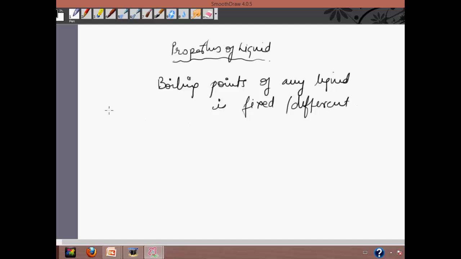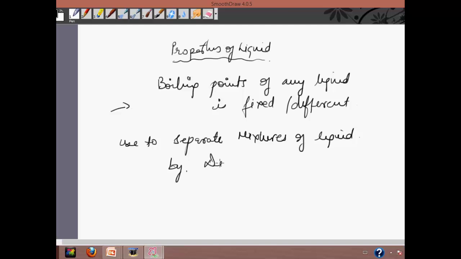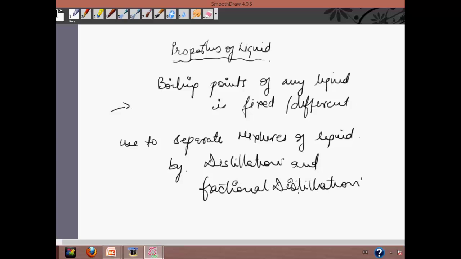So we can use this property to separate mixtures of liquids by the distillation and fractional distillation method. Now let's understand how this simple characteristic of liquids, the boiling point, which is different for every liquid, works.